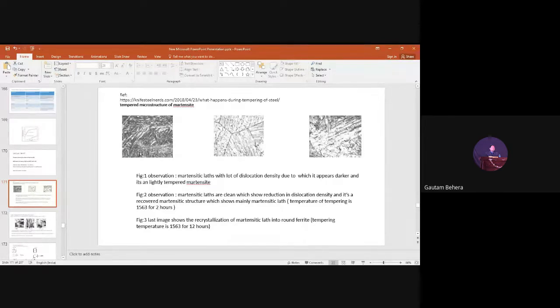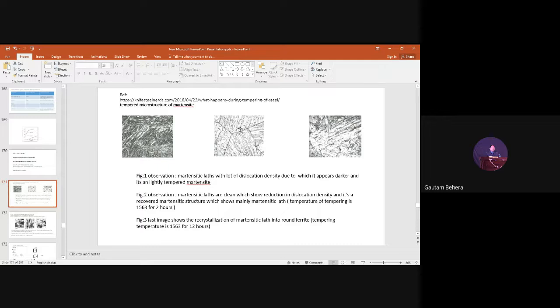Then this next micrograph is obtained after a longer interval of time and at a higher tempering temperature. As I told you, tempering is done below the A1 temperature, but if the temperature is somewhat higher, recovery takes place here.